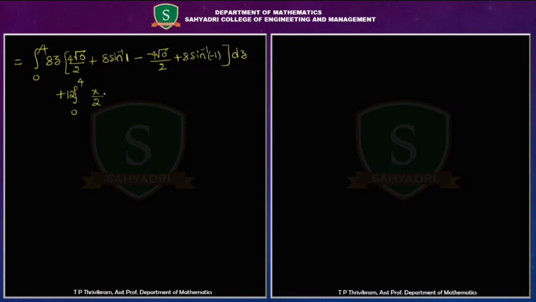So x by 2 root of 16 minus x square, plus 16 by 2 sin inverse of x by a, that is x by 4, having the limits from 0 to 4, dz.